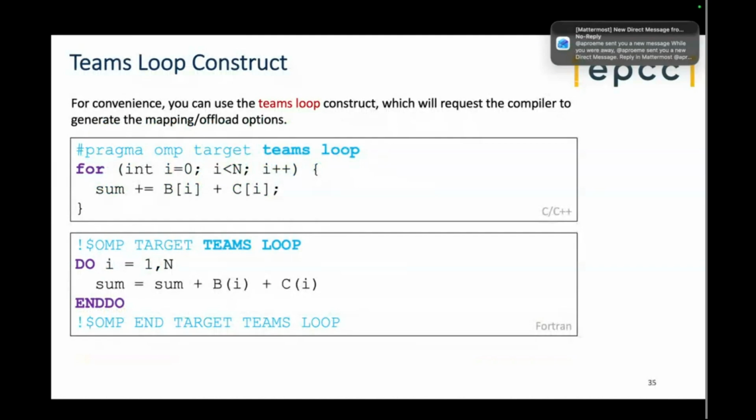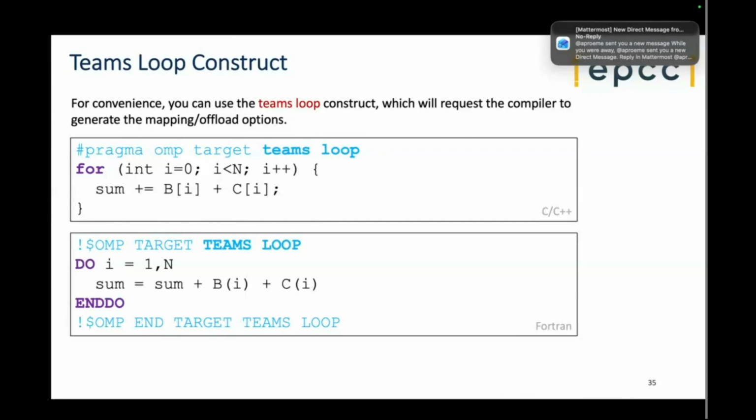You may have noticed that even to parallelize a very simple loop, it's quite a long series. You have to do an OpenMP target, teams, distribute, parallel for, and then all the mapping. So again, even for a simple example, there's quite a lot to write.